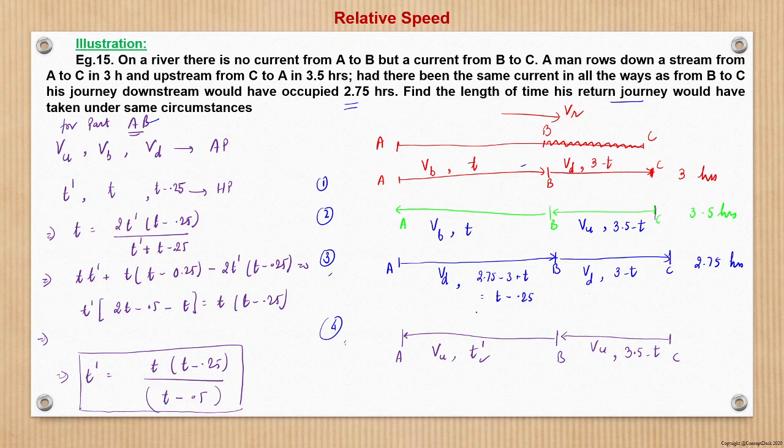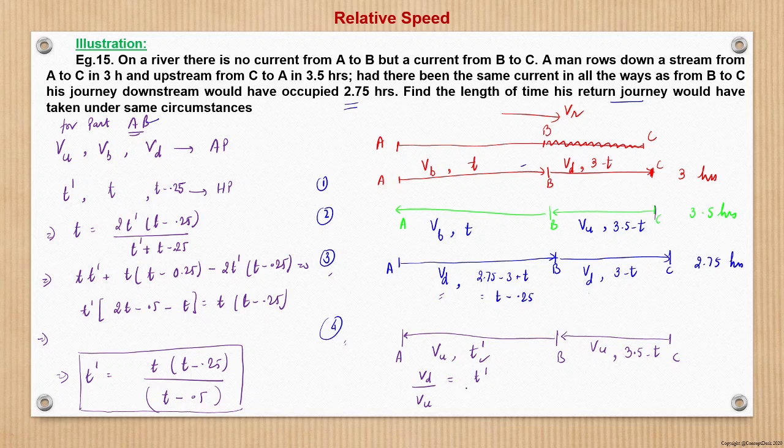So since the distance is same, we can say that VD by VU, the ratio of speed will be inversely proportional to the ratio of time.